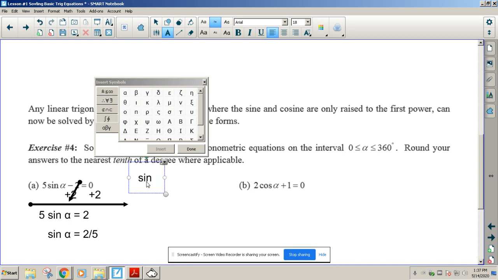So sine is positive in quadrants 1 and 2.